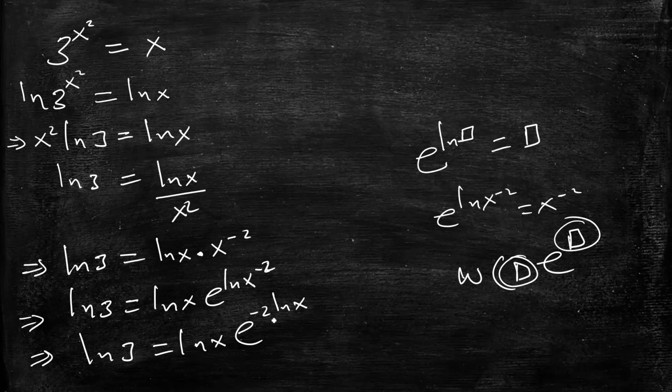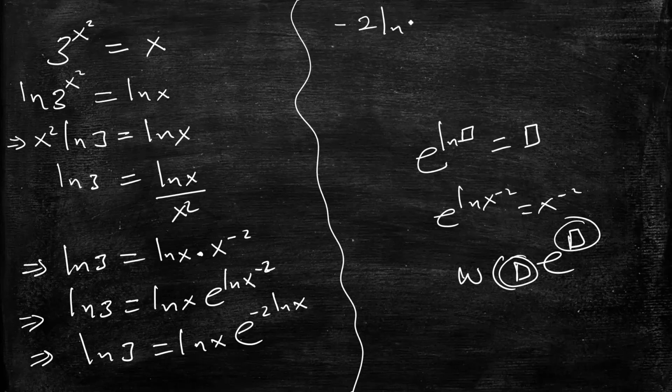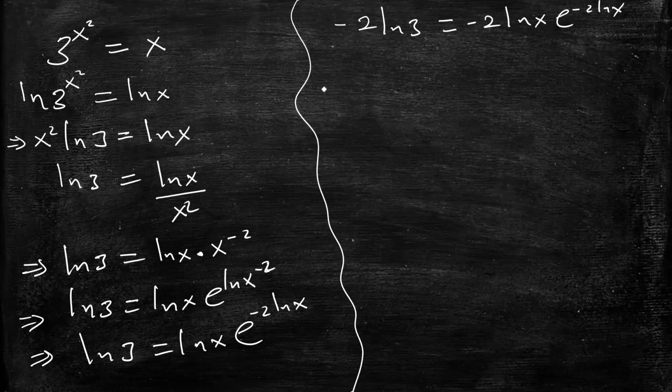We have negative 2 ln of x, but there is no negative 2 attached to this. We can do that by multiplying negative 2 on both sides to make it equal. Negative 2 ln of 3 goes to negative 2 ln of x e to the ln of x, ready for the Lambert W function.